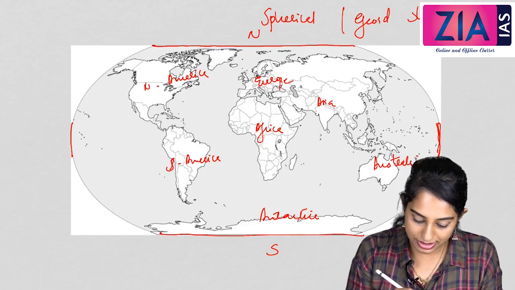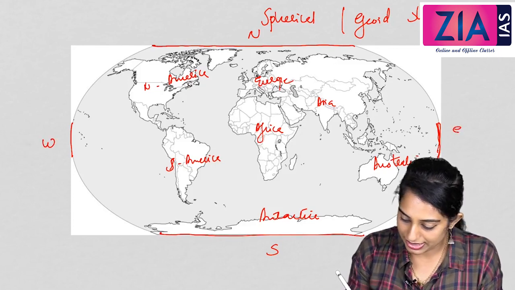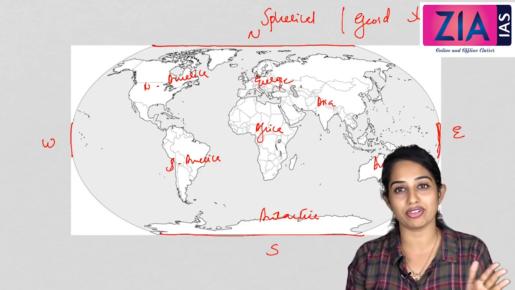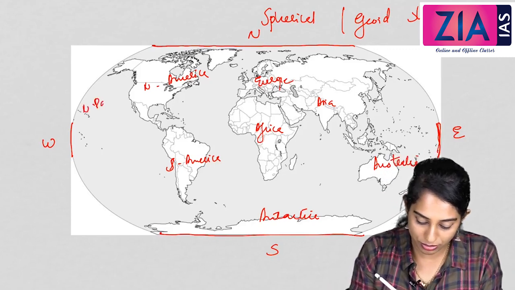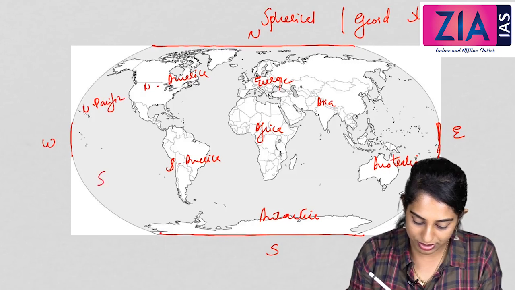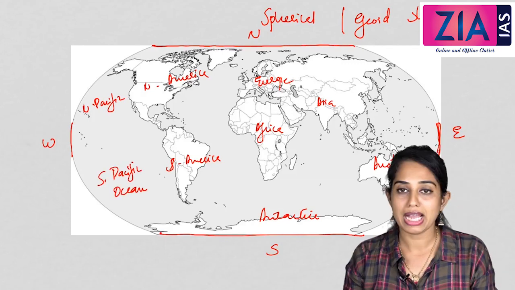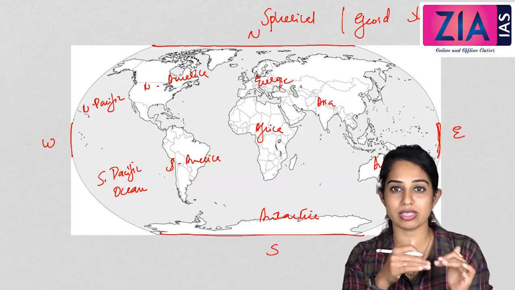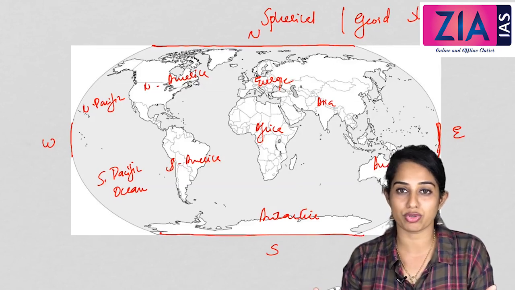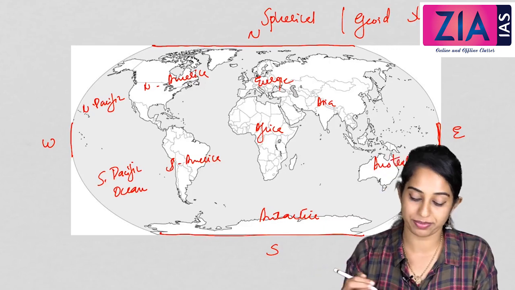So this is the west and east side. Towards the western side of the globe we have the Pacific Ocean. We have the North Pacific Ocean here, the South Pacific Ocean, and in between Europe, Africa and North America, South America, we have an ocean called the Atlantic Ocean.